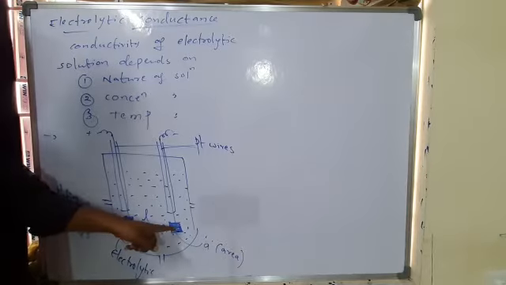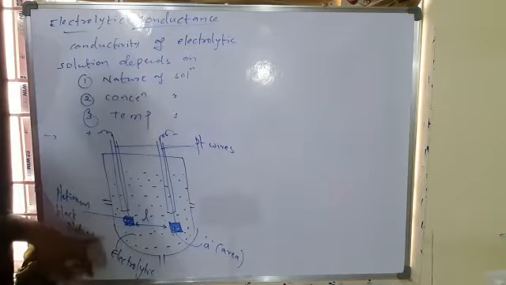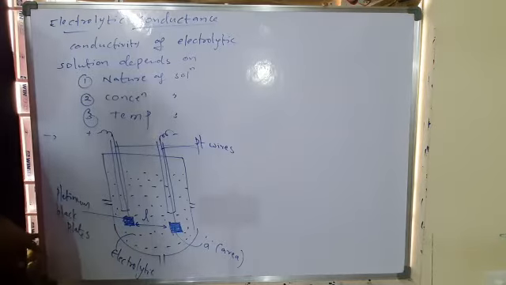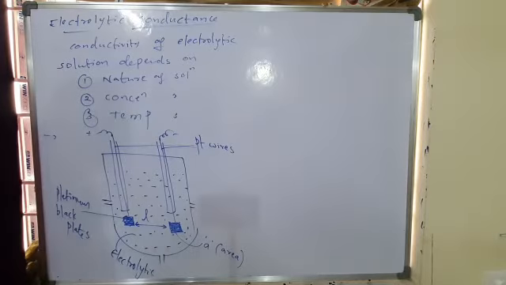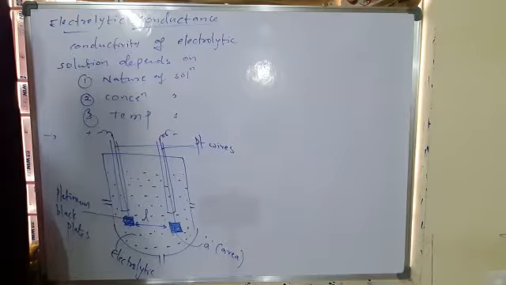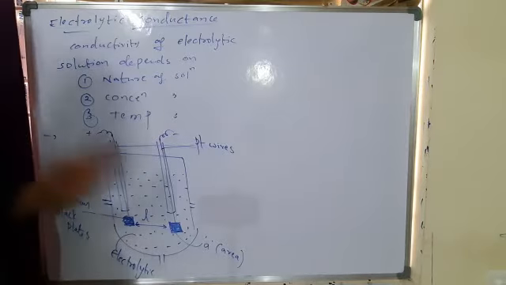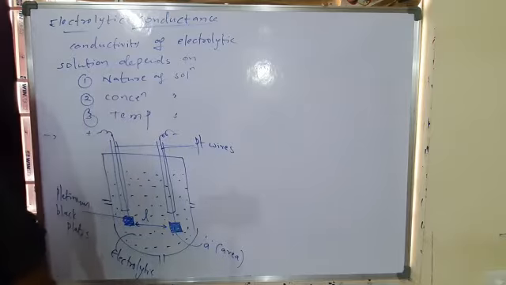The platinum wires are attached to platinum-coated plates, and this setup with the electrolytic solution is called a conductivity cell.